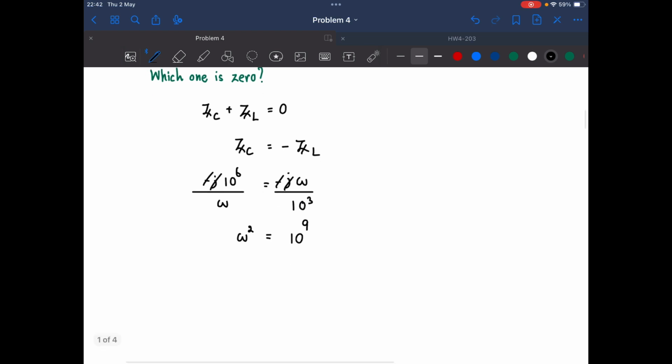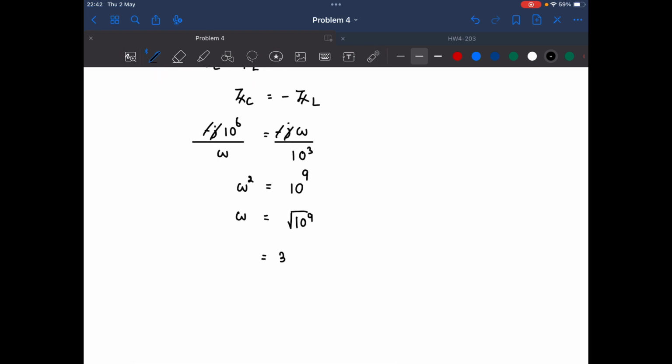omega squared is equal to 10 to the 9 here. So we can get this value of omega, and from the calculator we know that it will be this many radians per second, or we can write this in kilo radians per second.